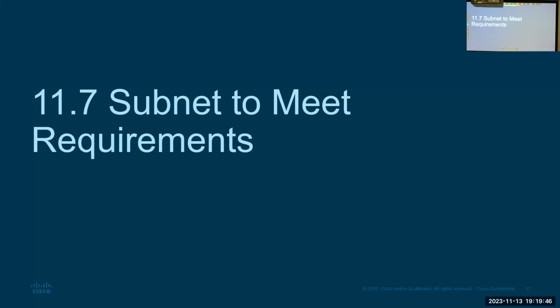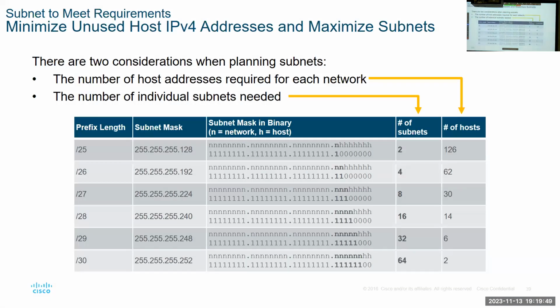So let's look at what problems they have: number of host addresses or number of individual subnets needed. Sometimes in real life, you probably need to consider both. You probably need to say, I need X number of subnets, and at least one of my subnets has to accommodate 100 hosts, but the others only need to accommodate 30 to 50.